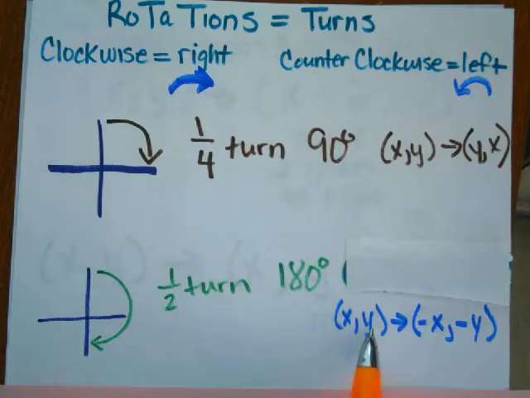So if they're both positive, then they both become negative. If they're both negative, then they will both become positive. Remember, the negative means take the opposite. It does not just mean make the number negative. The negative means take the opposite of the original number. Okay?